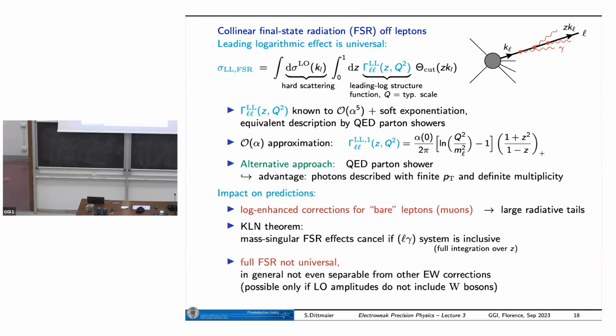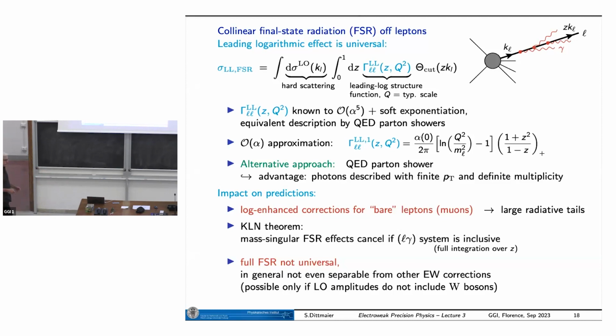But just looking into the formula, you also see there is this kind of plus distribution that you hopefully will remember from introductory courses in QFT or QCD. This actually has the feature that if you integrate the whole thing over the whole range in this energy sharing variable, or splitting variable, then this integrates to 0 by definition.